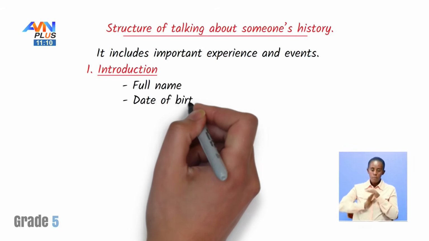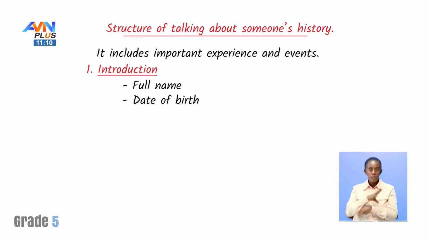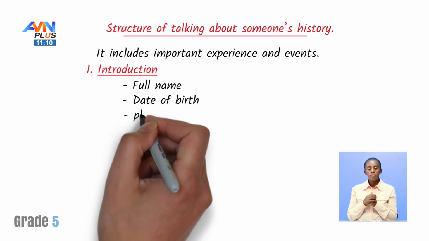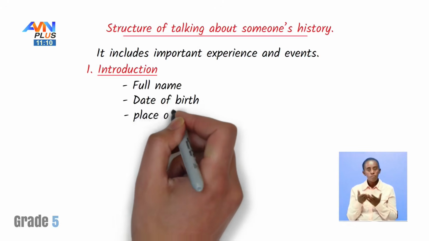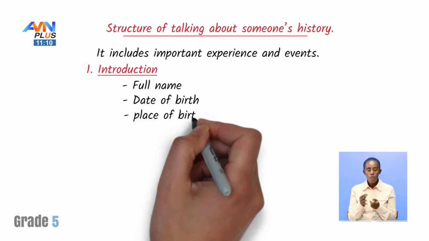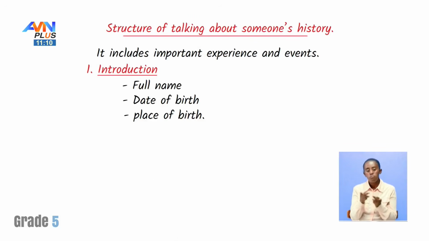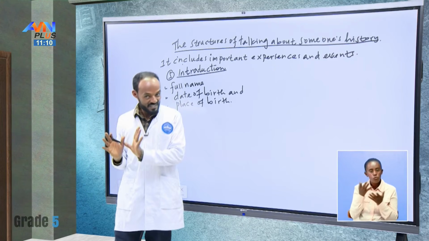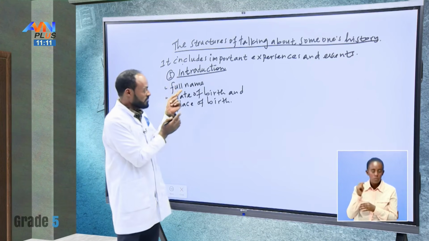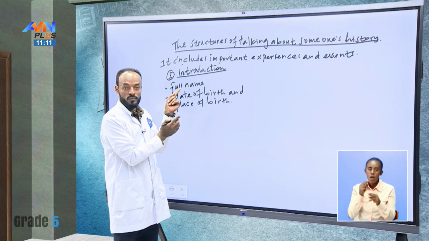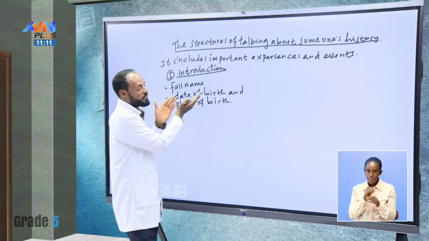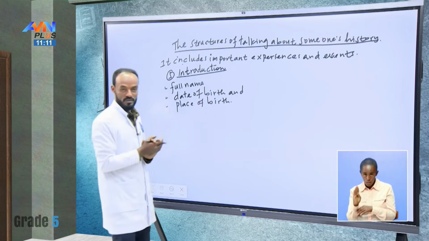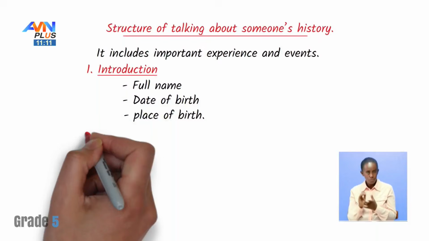And place of birth should be written. Don't forget, if you want to write about someone's history, you have to start from full name, then date of birth and place of birth.